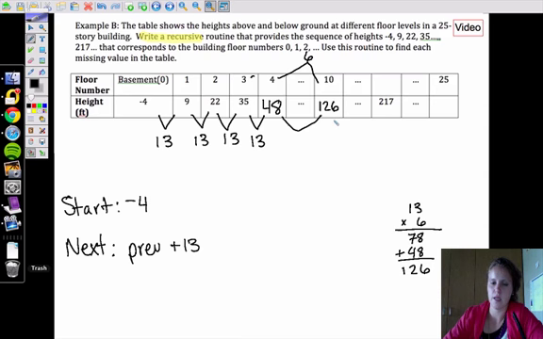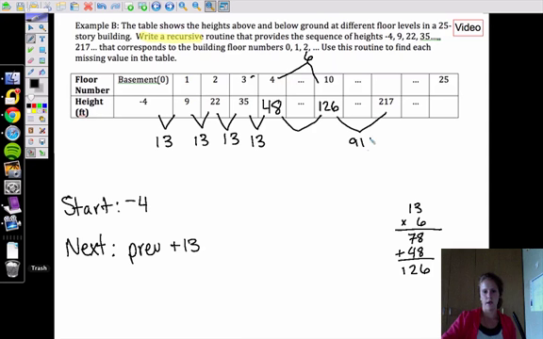So moving on, now we know the difference in heights. We know that there is a 91-foot difference here between 126 and 217. So we need to know what floor we're on when we're 217 feet above the ground level. So I have 91.